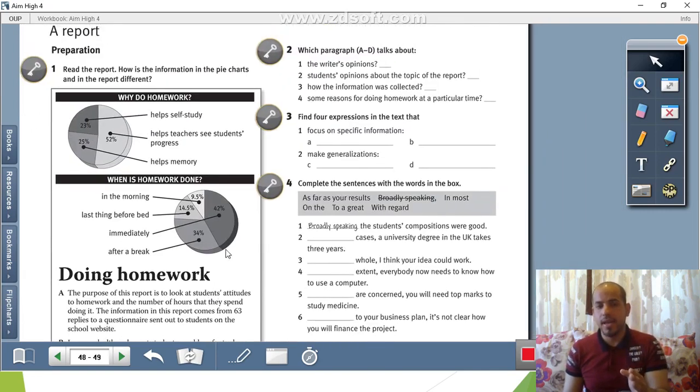Okay, you can study them very well. I want from you to tell me which paragraph talks about the writer's opinion, which paragraph talks about students' opinions about the topic of the report and how the information was collected and some reasons for doing homework at a particular time. Okay, answer this question.